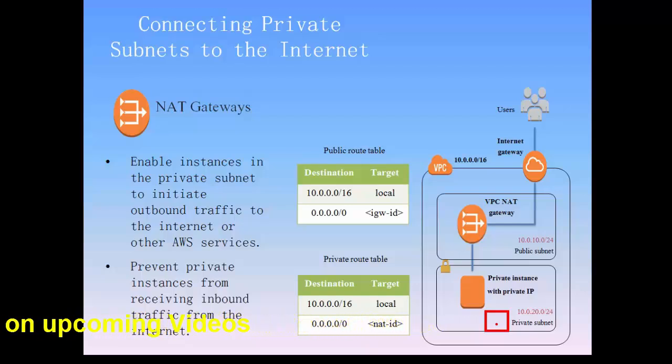One more example is updates on this server: Windows update, any patch, antivirus update. In that case also I need this machine to go to the internet. But if any request comes from outside, it is not possible, because it is in a private subnet. No outside user knows the exact IP of this EC2.